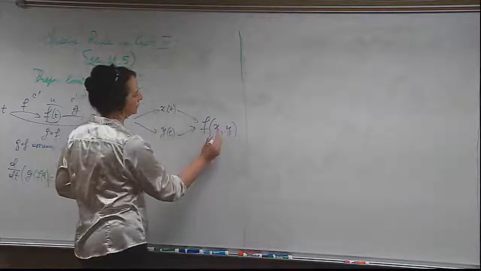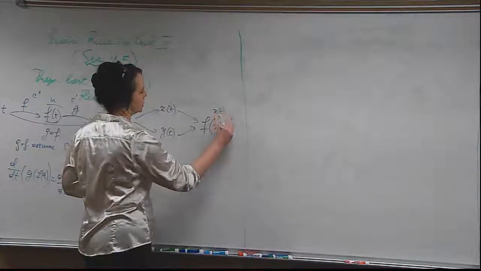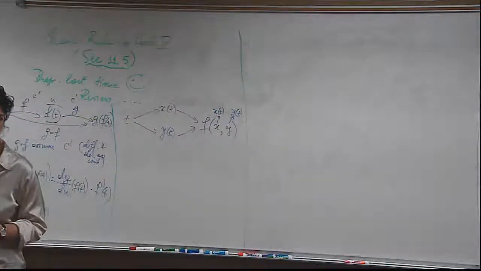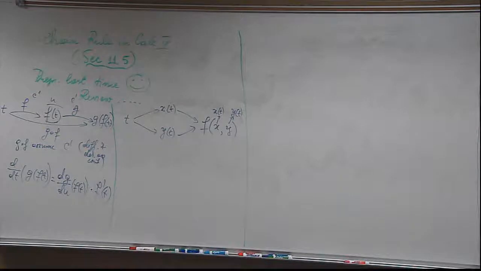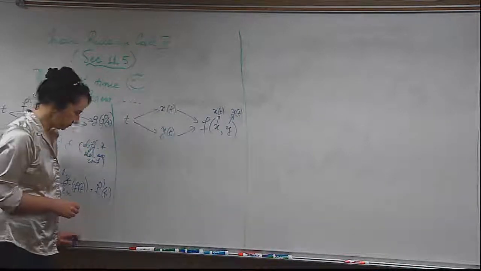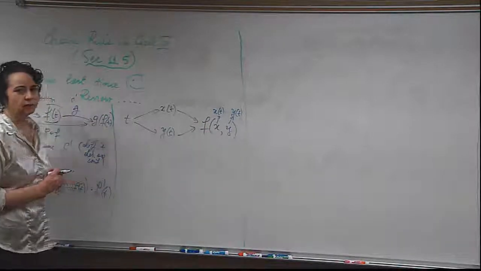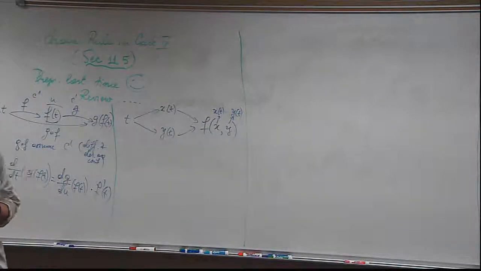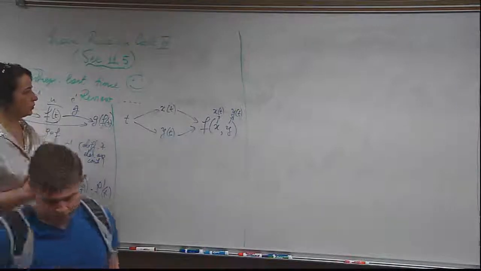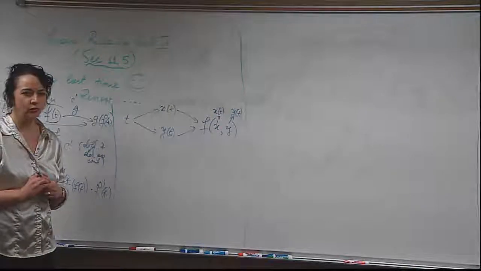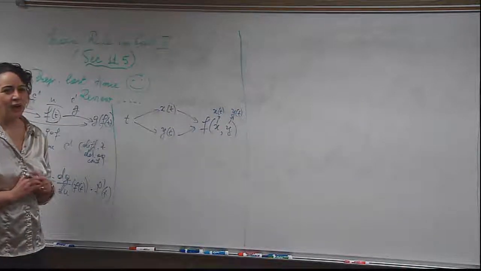So I'm going to have to say, but x is a function of t and y is a function of t. So I should be able to go ahead and differentiate with respect to t. And how did it go? Now that I prepared you last time a little bit for this kind of new picture, new diagram, you should be able to tell me without looking up the notes from last time how this goes.